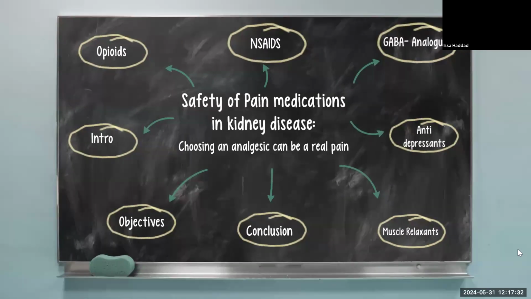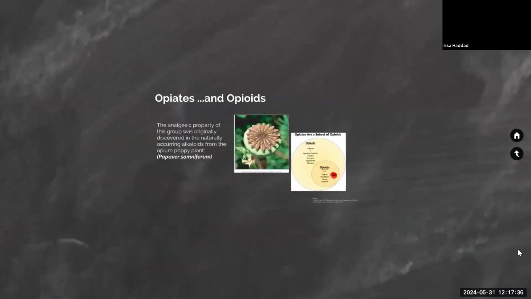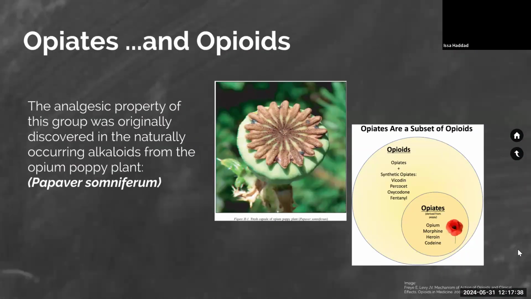So now we're going to dive into the specific medications. And I want to start with opioids. Looking at opioids, there are opiates and opioids. And opiates actually come from a plant, the Papaver somniferum. I practiced this multiple times to say it. I hope I did it right.